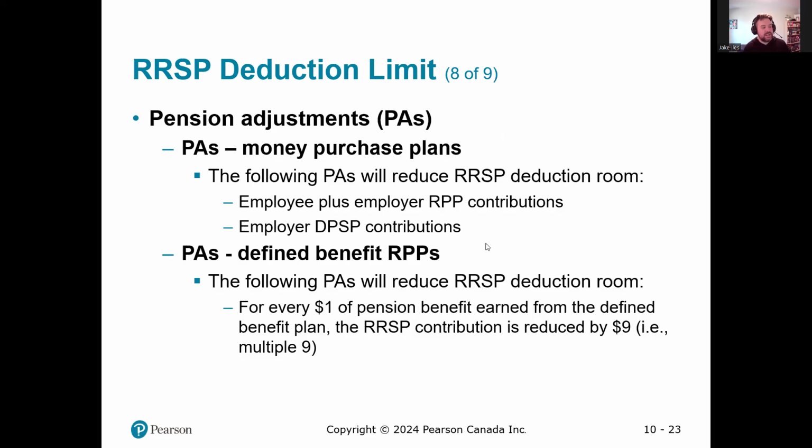So the process the CRA has come up with is for every dollar of pension benefit earned, you use up contribution space of $9. So we always just take whatever the benefit increase is and multiply it by 9. So in order for my benefit to increase $1,000 per year of retirement, I contributed $9,000 this year.